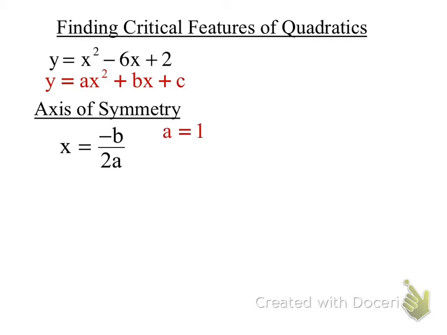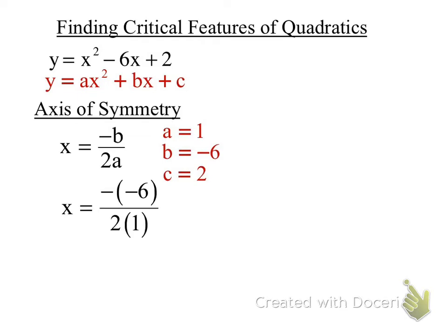Because look, my coefficient here, I don't see anything, but it's really there. It's 1. It's implied. And keep going, Nadia. The B is -6. Negative 6 is in front of the x term. And the c, David, the C is 2.